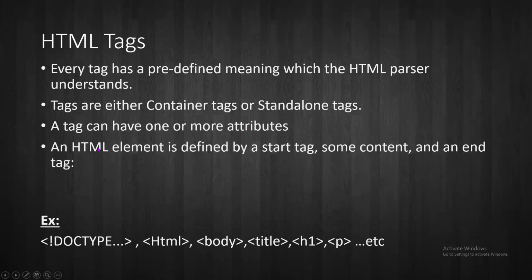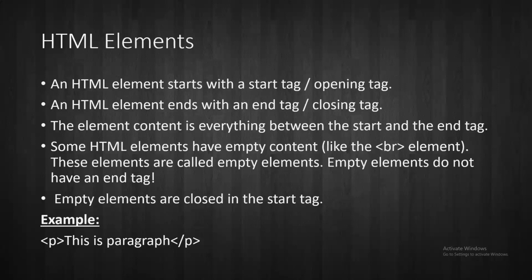An HTML element is defined by a starting tag, some content and an ending tag. Some examples of tags are doctype, html, body, title, h1, p, and all these things come under HTML tags. And the next one, HTML element.